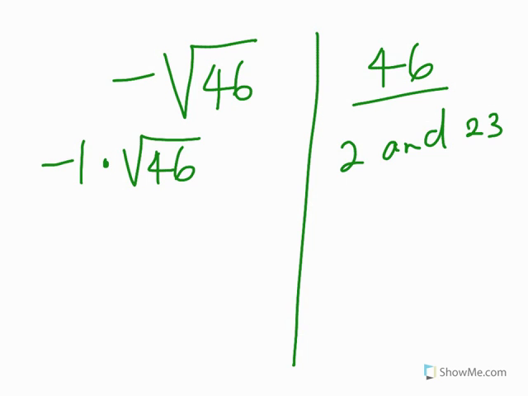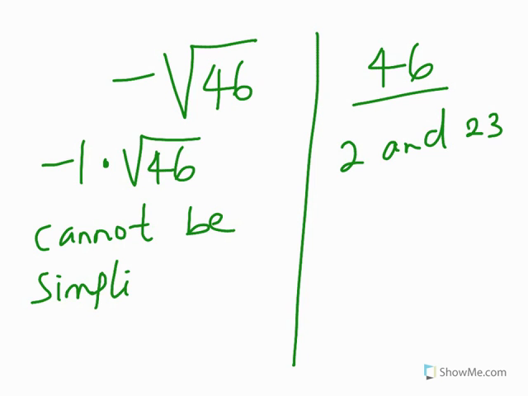So it's just 1 and 46, 2 and 23. 2 is not a perfect square. 23 is not a perfect square. So negative square root of 46 cannot be simplified further.